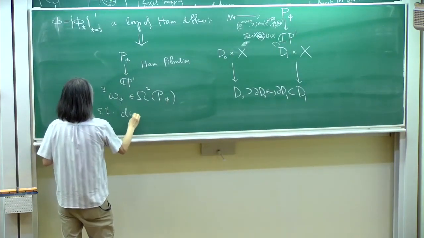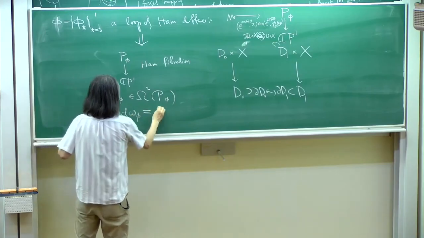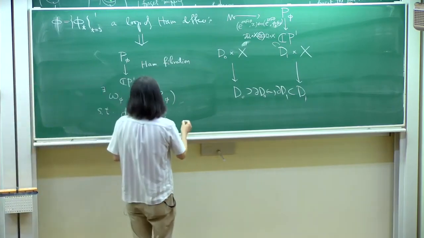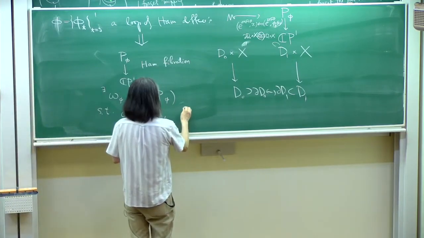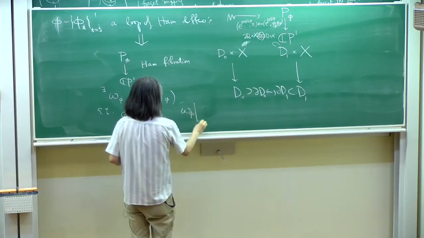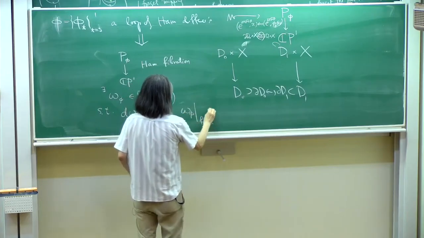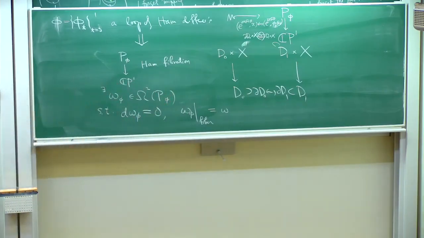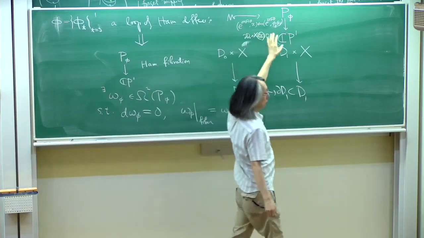First, d omega phi is equal to 0, so omega phi is a closed form. And secondly, if you restrict omega phi to the fiber, it is the same as the original form. Fiberwise, each fiber is identified with X, and the ambiguity is just this Hamiltonian diffeomorphism.